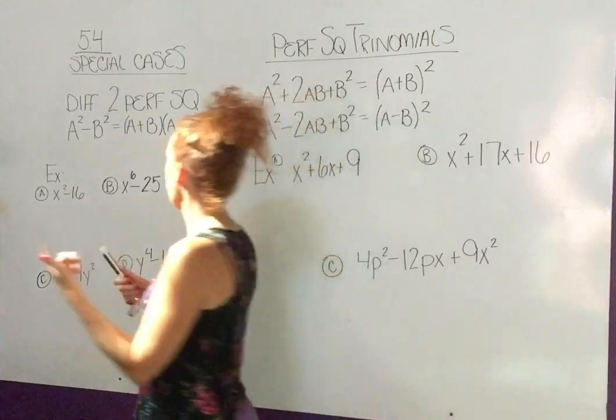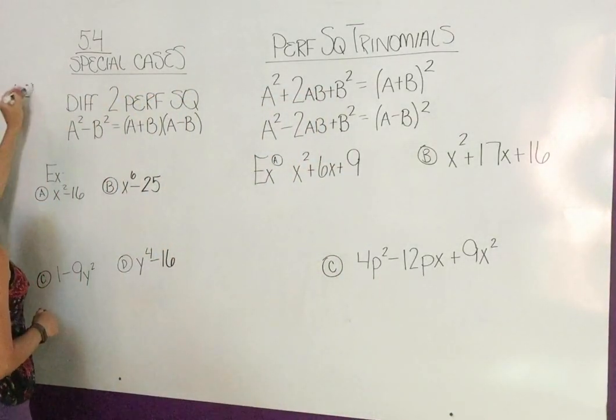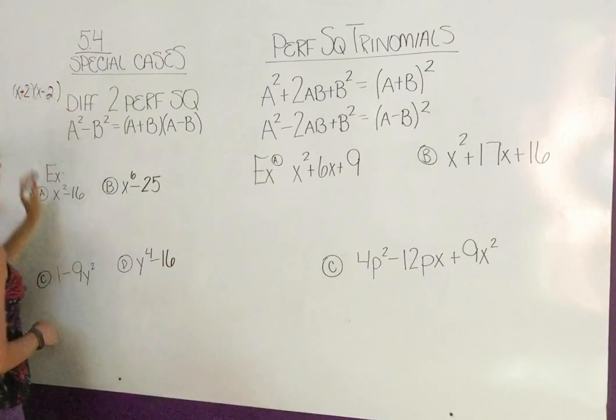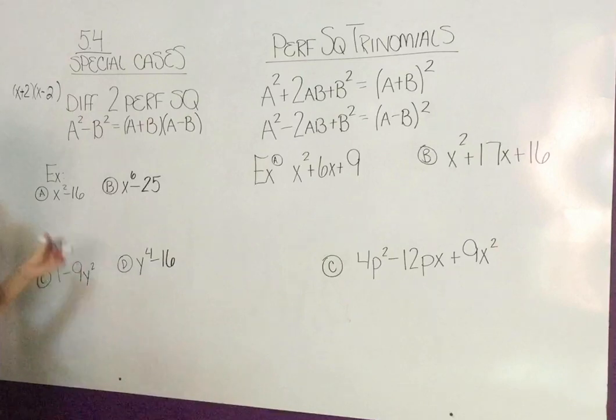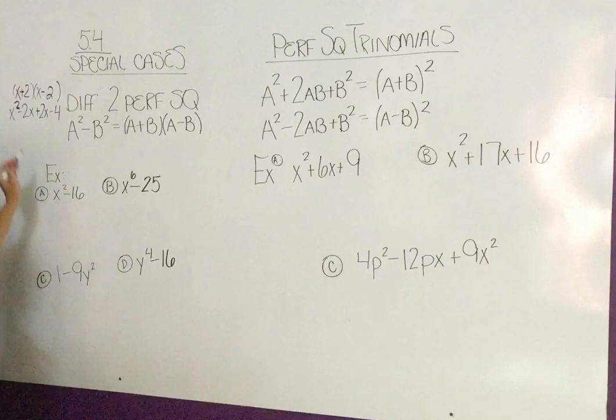For instance, just off to the side here, if I have x plus 2 and x minus 2, I'm already writing the answer. If I try to FOIL that, I would end up with x squared minus 2x plus 2x minus 4. And the middle guys ended up dropping out, so we had x squared minus 4.